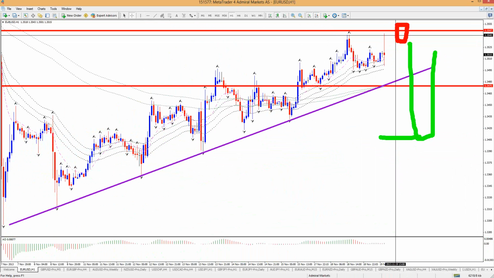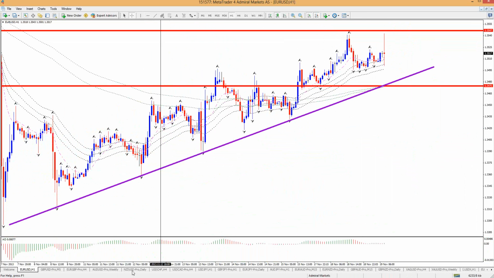Then at least you're getting about 4, 5 to 1 R2R for that risk. And if you take a small risk, it could be worth a reversal trade indeed. But let's take a look at how the 1 hour chart ends up. Let's go back to the Kiwi now.